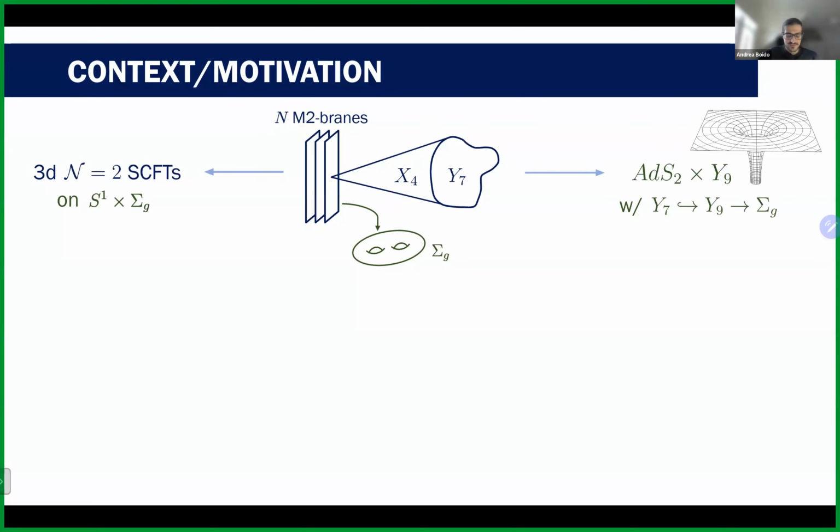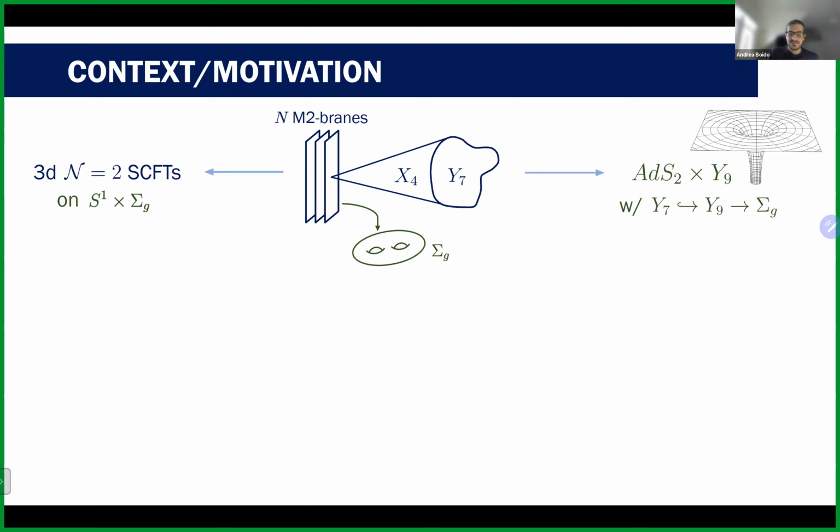Okay, next thing you can do is wrap your branes on a Riemann surface with no punctures, a genus g Riemann surface. In field theory this corresponds to putting the field theories on the Riemann surface as well. I'm also gonna compactify the Euclidean time to S1 in this case, so that, as I'll tell you in a second, we can perform localization.